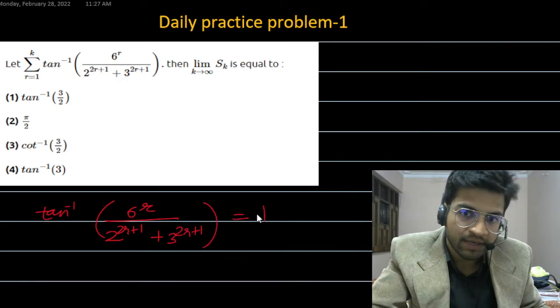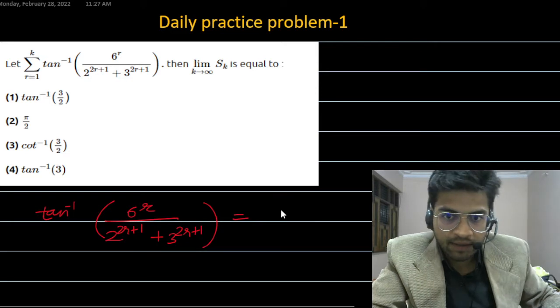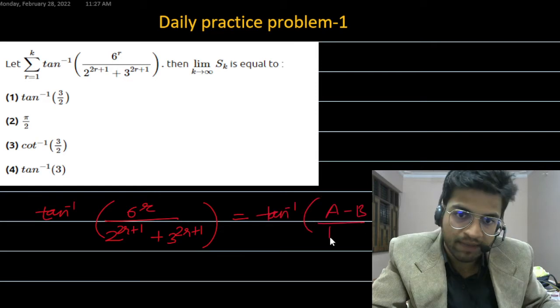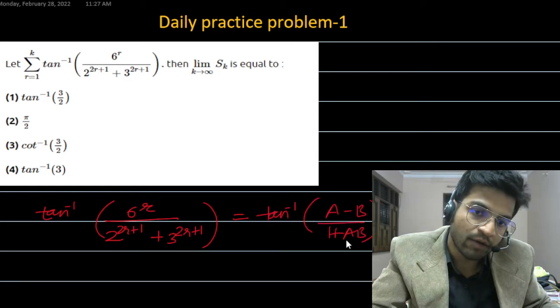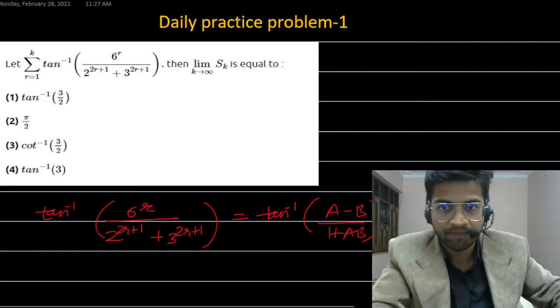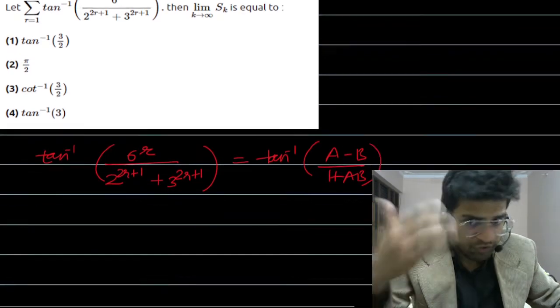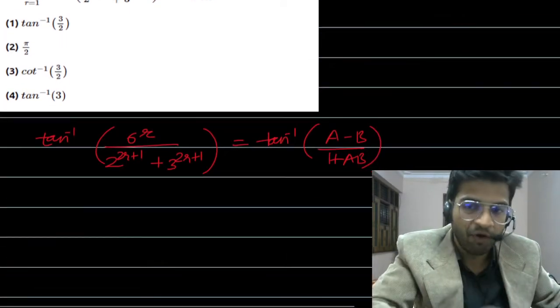Tan inverse of (a minus b) by (1 plus ab). So we should try to write the expression inside the bracket in this particular form, a minus b by 1 plus ab.